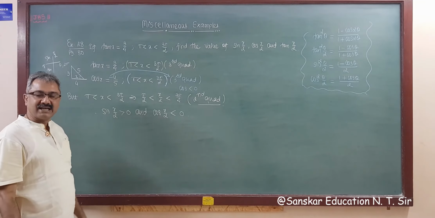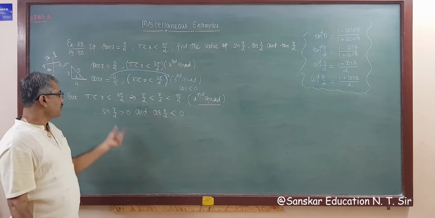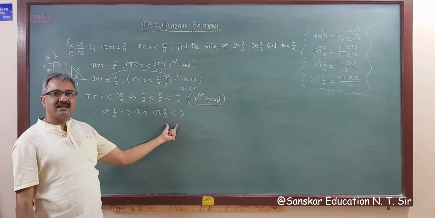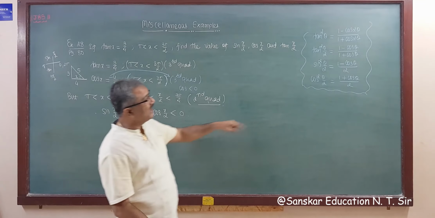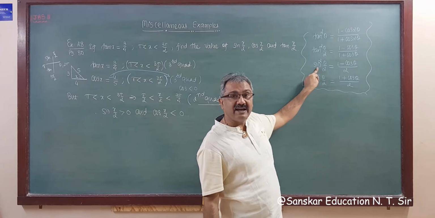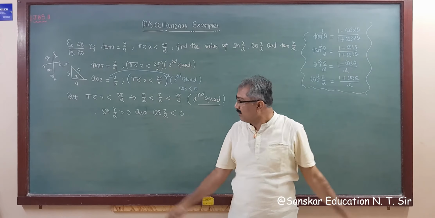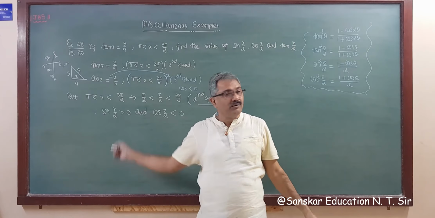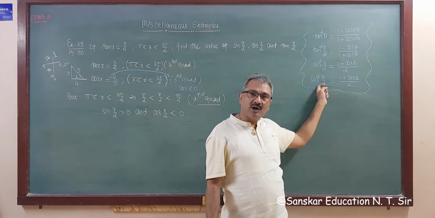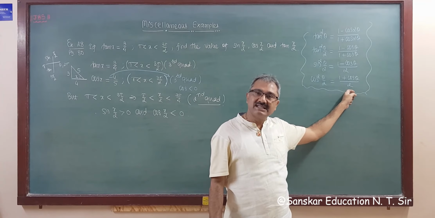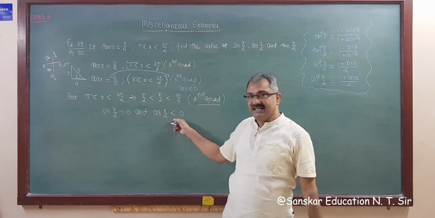These two are important, sin and cos you have to find out. So sin is positive and cos is negative. Now we have the formula. If we take the square root of sin, then we take the positive root, and if we take the square root of cos, then we take the negative root because of this, right?